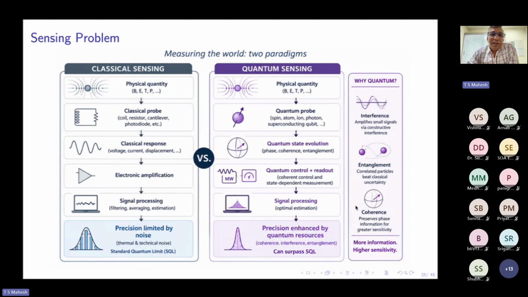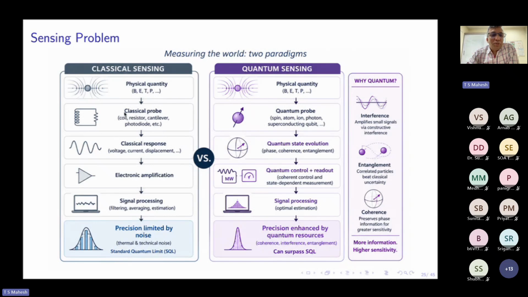So the basic idea is measuring the world. There is some physical quantity. It could be magnetic field, electric field, temperature, or pressure, and so on. And you have some probe. There are two paradigms, classical and quantum. In the classical case, you have a classical probe. It could be a coil, resistor, cantilever, photodiode, whatever it is.